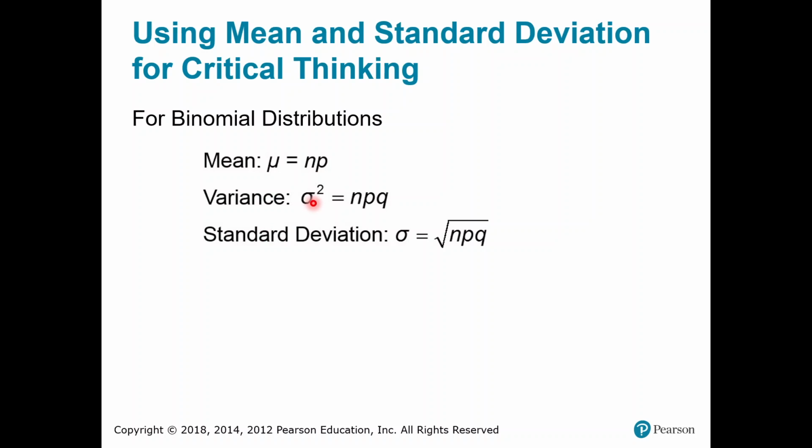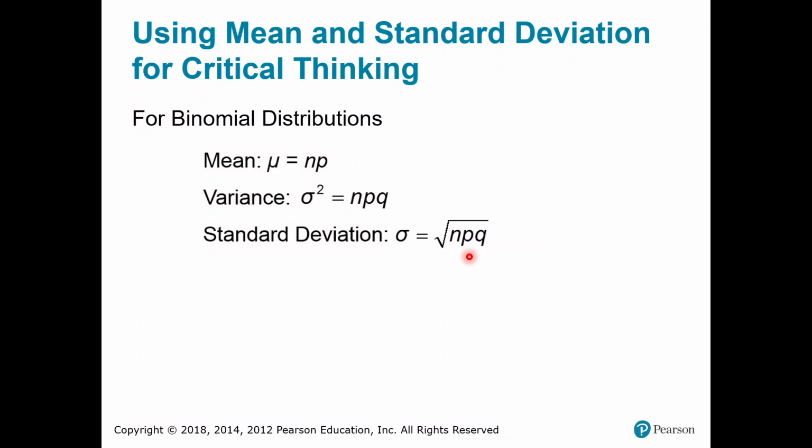The variance, or sigma squared, is n times p times q. If you take the square root of sigma squared, you get sigma, and that's how we get the standard deviation. So the standard deviation for this case is the square root of n times p times q.